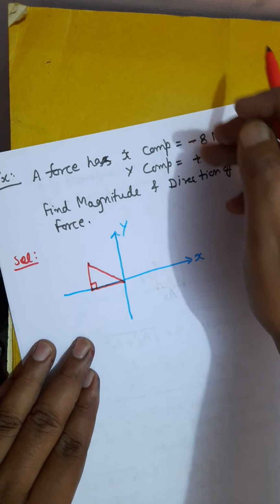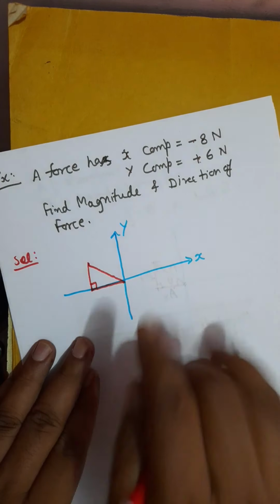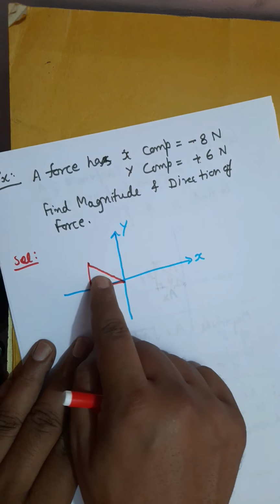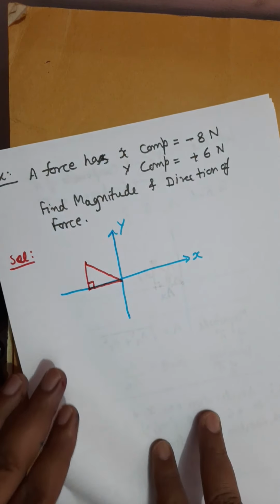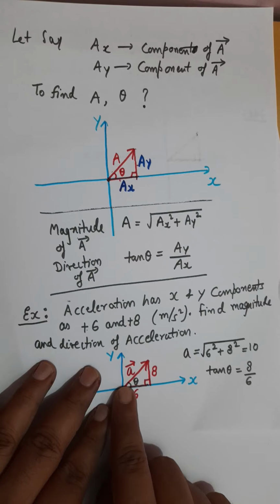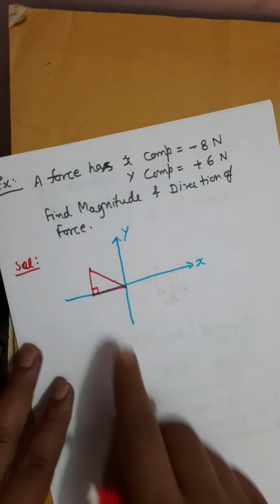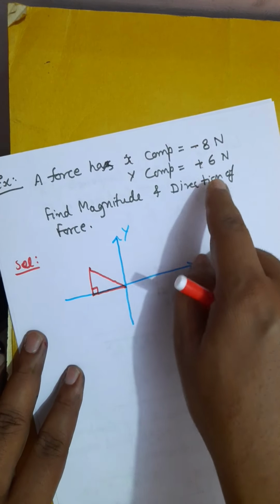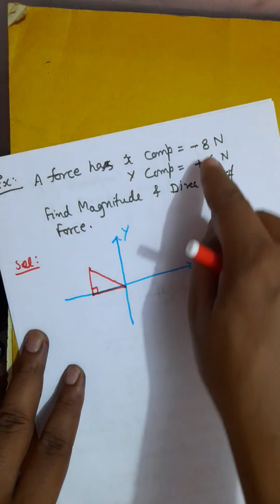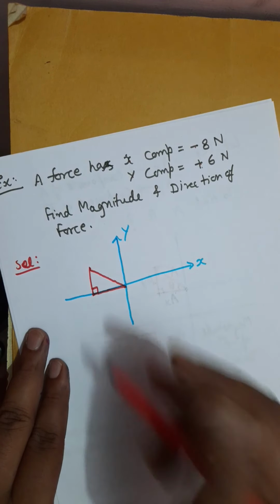So looking at the sign of the components, you need to select in which quadrant you will draw this triangle. In the previous example, we drew the triangle in the first quadrant, and now we are drawing the triangle in the second quadrant because the x component is negative and y is positive. Similarly, if both are negative, your triangle should be in the third quadrant.